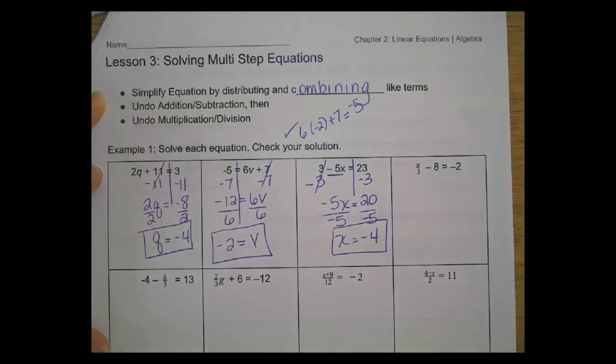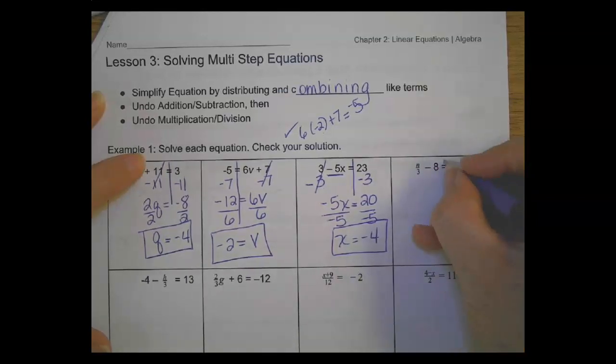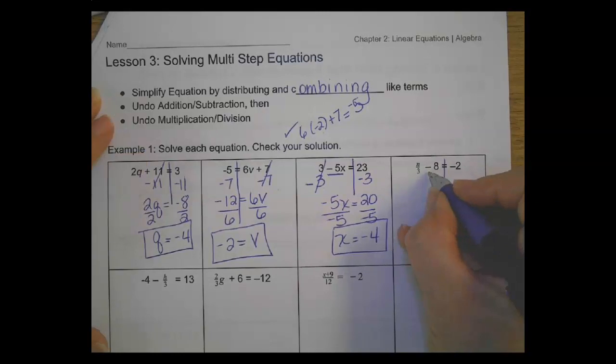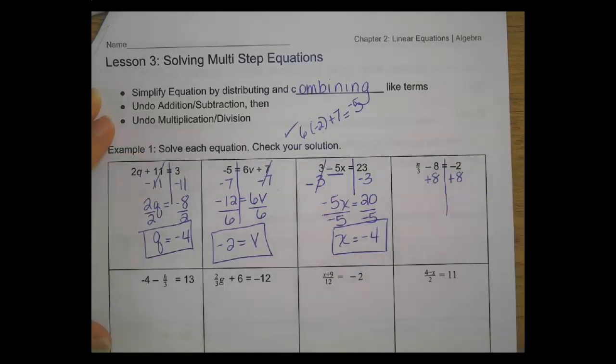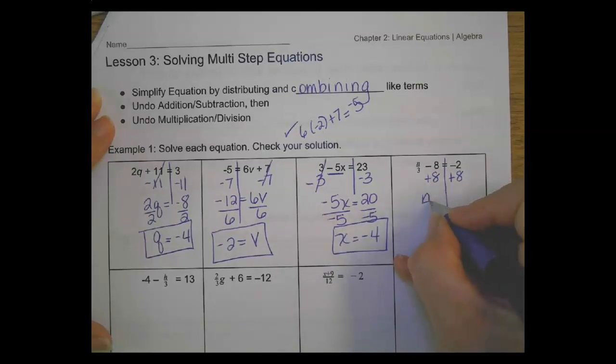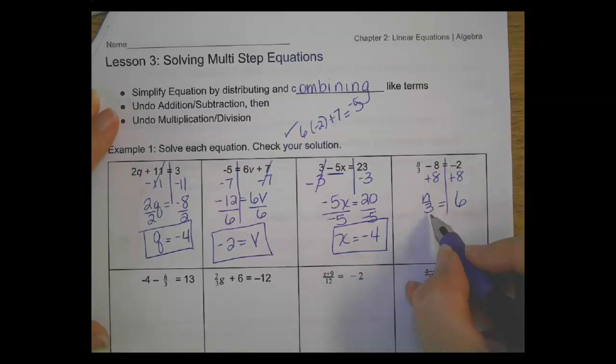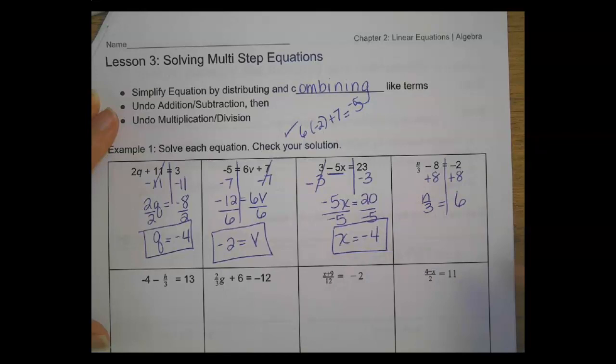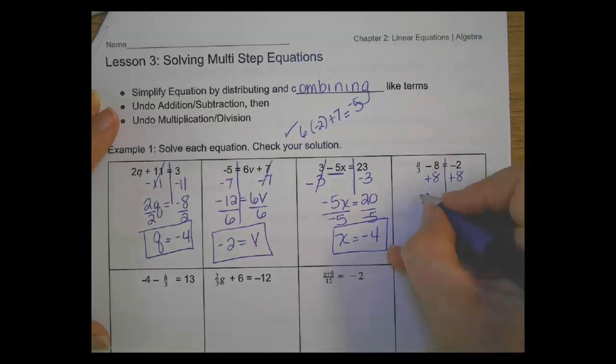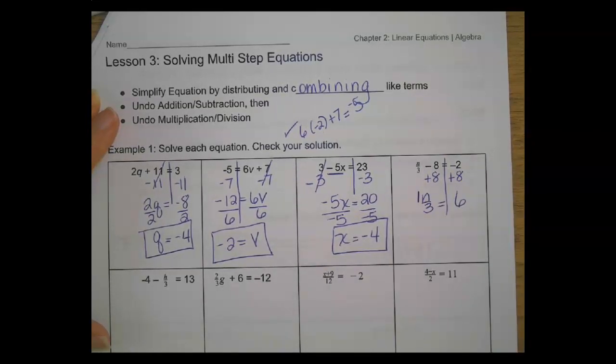This next one, same thing, undo addition, subtraction, so I'm going to add 8. So n over 3 is equal to a positive 6. Since this is division, you could multiply both sides by 3, or you could think of this as a 1 here.